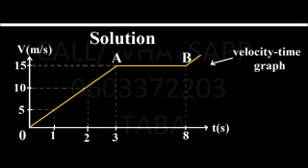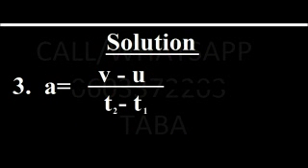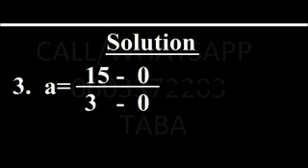Let's take our velocity of 15 meters per second and divide it by its time interval, which is 3 seconds. If you divide 15 by 3, the answer is 5. This means the acceleration is 5 meters per second squared.